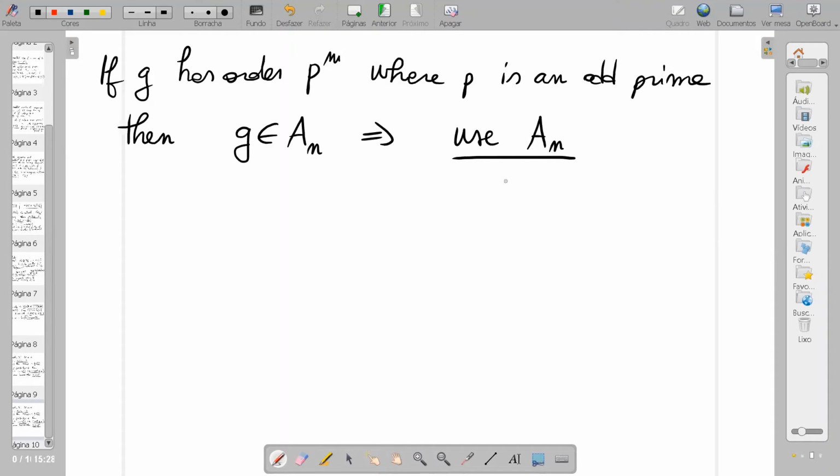So essentially, what I'm saying is that probably A_n will belong to primary coverings. It is useful to use A_n in your primary coverings. And actually, there is an argument that proves that if you want a minimal primary covering, then you must use A_n essentially.